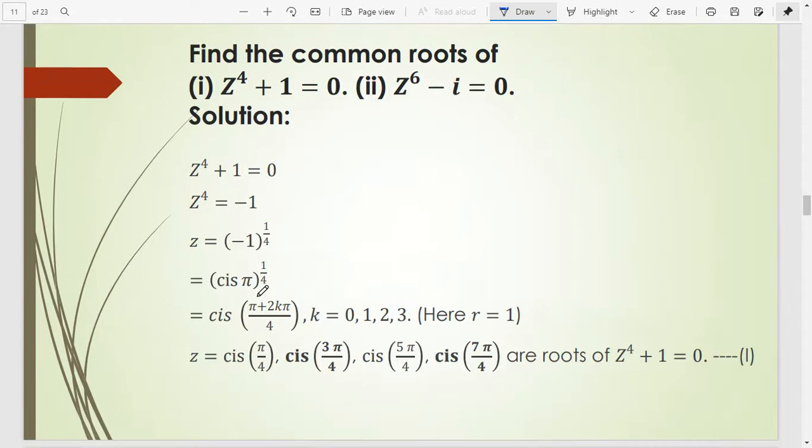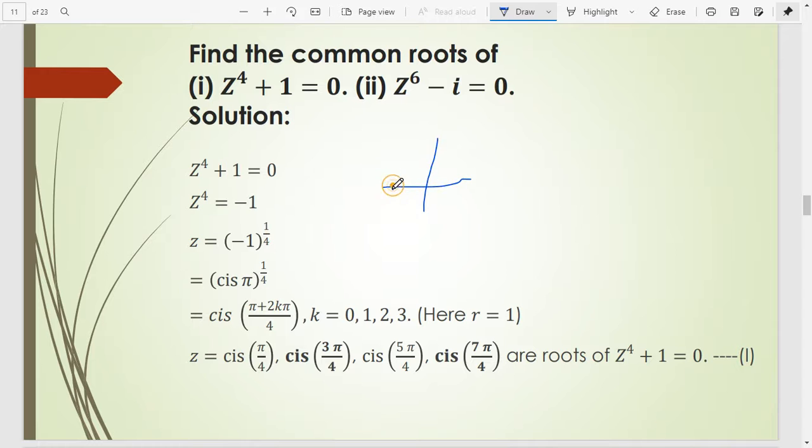Next example. Find the common roots of z raised to 4 plus 1 is equal to 0 and z raised to 6 minus 1 is equal to 0. Solution. z raised to 4 plus 1 is equal to 0. So we can write z raised to 4 is equal to minus 1 and z is equal to minus 1 raised to 1 by 4.